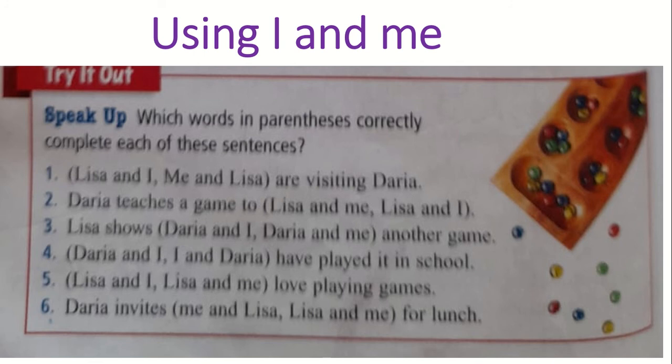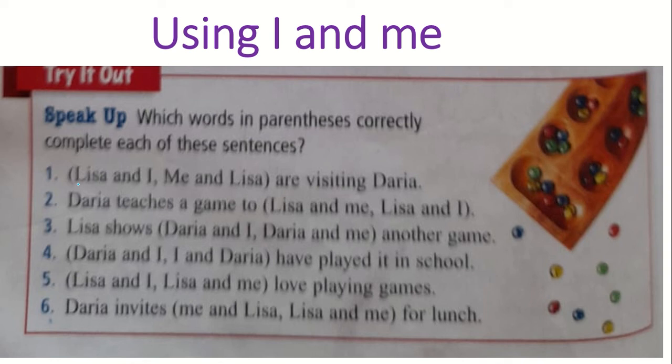Don't forget to write the title and the instructions, please, using I and me. Which words in parentheses correctly complete each of these sentences? Let's read number 1. Lisa and I, or me and Lisa, are visiting Daria. Pay attention, the parenthesis is in the subject, so we need the one with the subject pronoun.